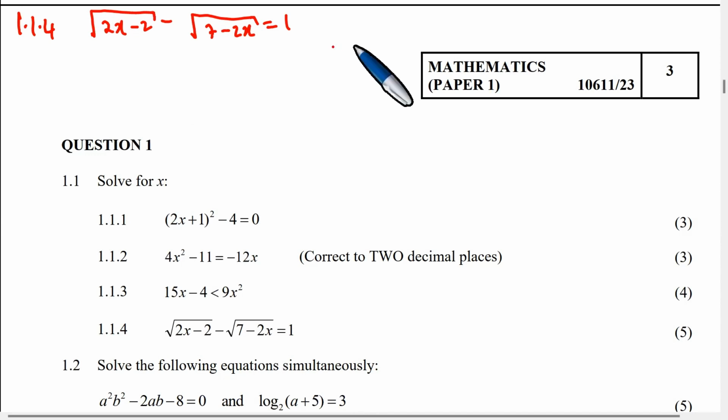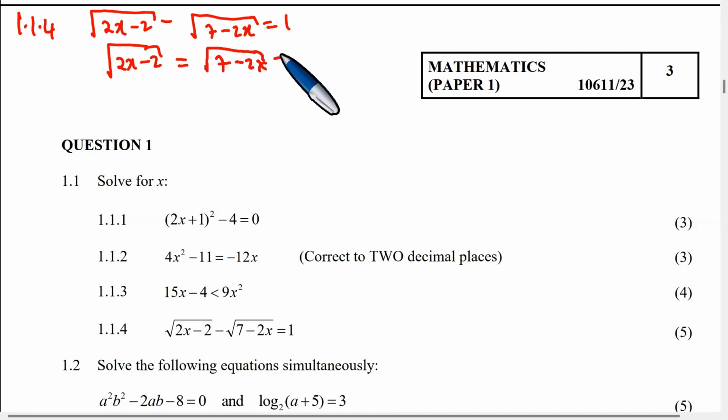Transpose one of the square roots to the right-hand side of the equation because you have 2 square roots. That is the technique we use to solve this kind of question. If you transpose that, we have the square root of 7 minus 2x plus 1.